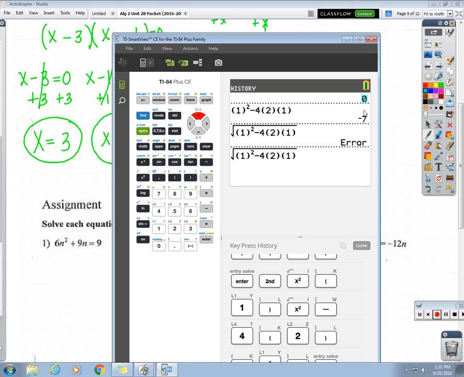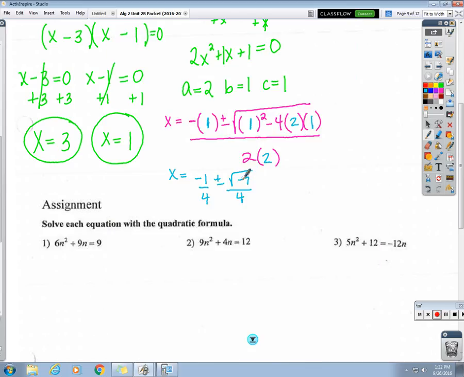A negative. Can the calculator take the square root of a negative number? No, because it's complex. Aren't we just going to make that negative an i on the outside? So x equals negative 1/4 plus or minus i square root of 7 over 4. At this point, you would look and see if you could reduce the fractions, and you can't, so you're done.